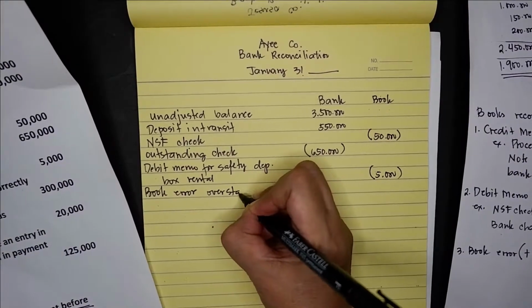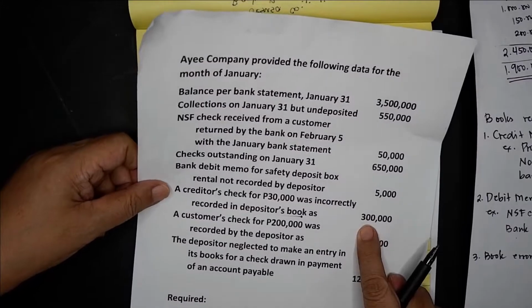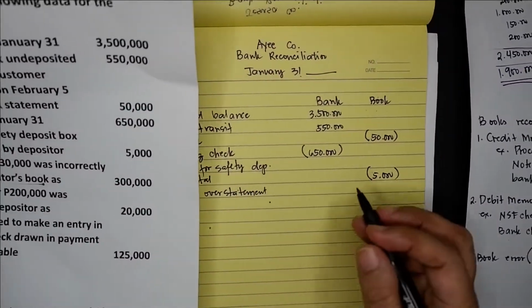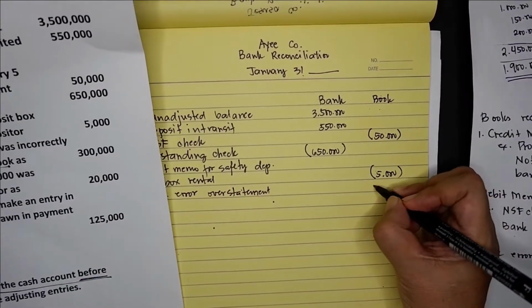Take note, this is an overstatement of deposit, 270,000.